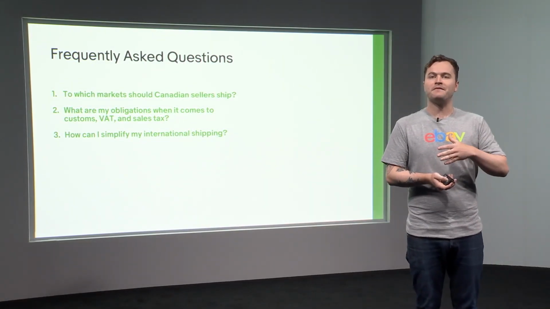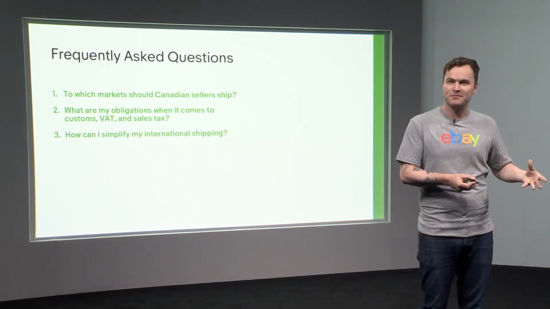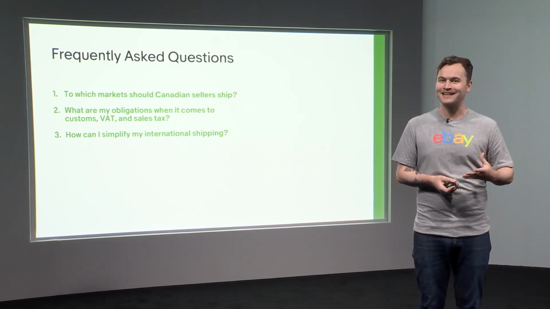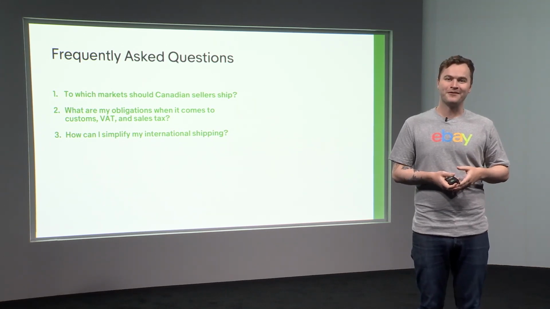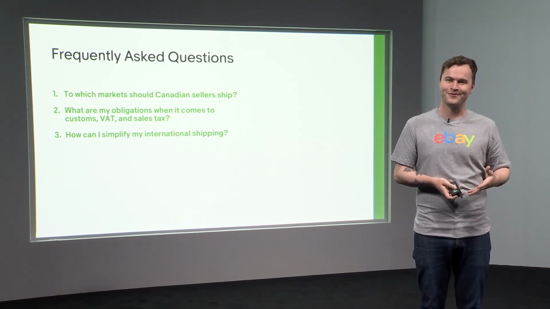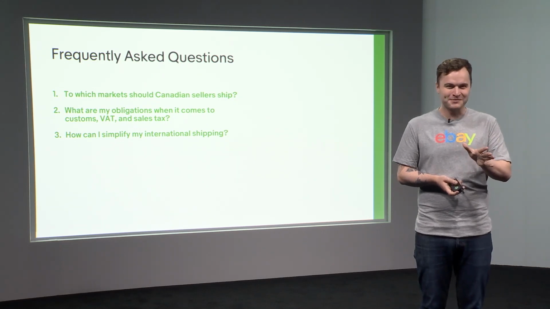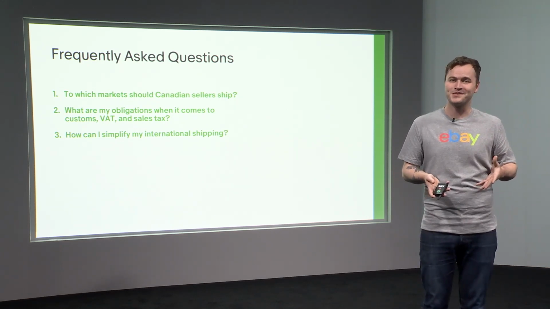Finally, we have how can I simplify my international shipping? I know how complex shipping can be. Even shipping within Canada can be a bit of a hassle at times, so we always hear about people who want to make it as easy as possible and hopefully as inexpensive as possible.